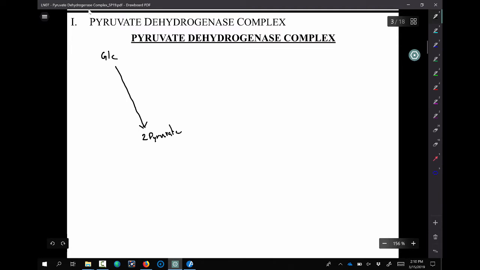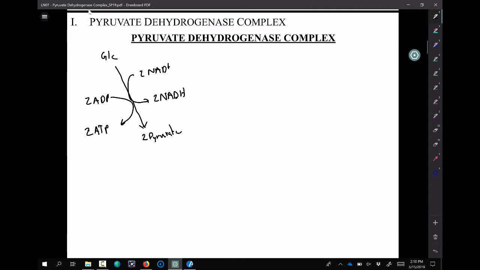Of course, you need NAD plus to do this, as we've discussed several times, and you're going to get some NADH from this. And of course, this leads to ATP production as well. So that's everything that we've talked about in the cytosol.